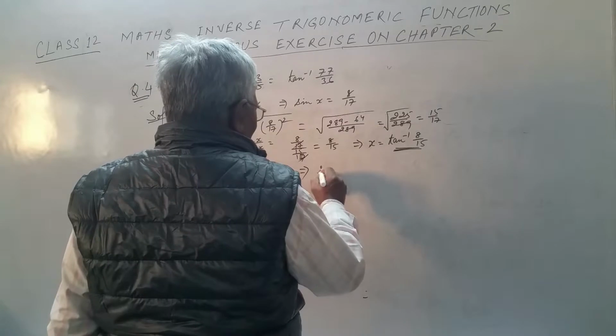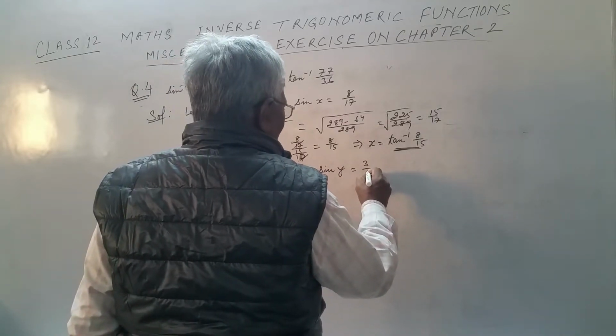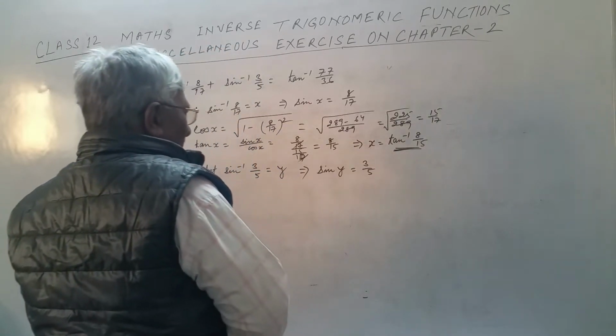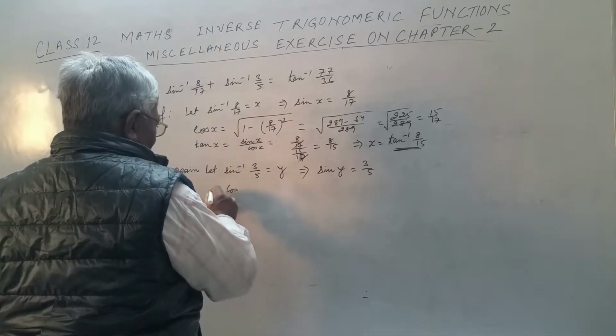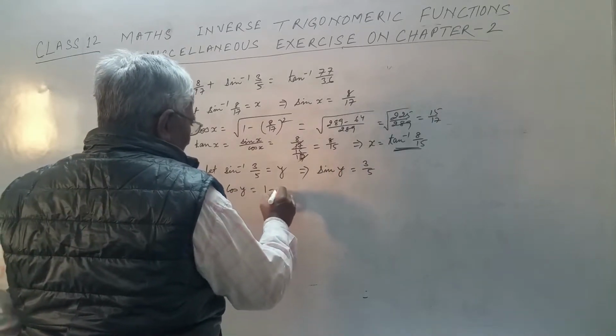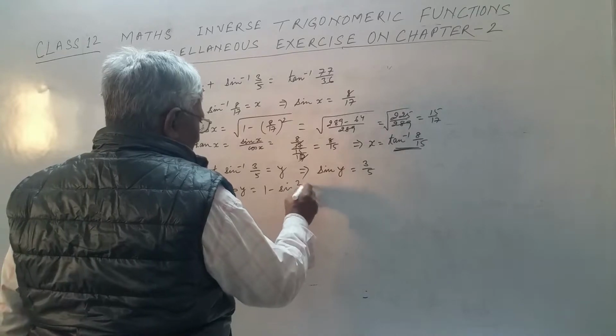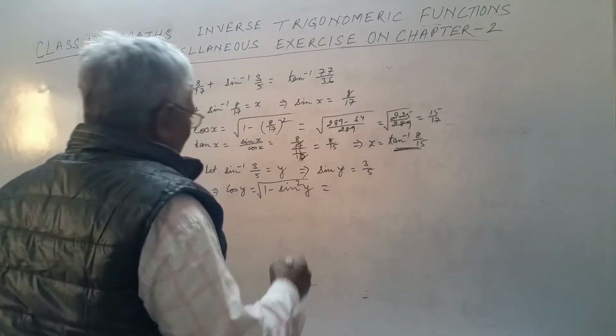It will be sine y is equal to 3 upon 5. Okay? Then cos y is equal to root of 1 minus sine square y. Yeah, this is the formula. You have to use it.